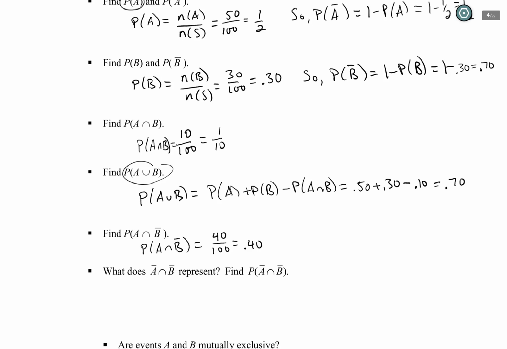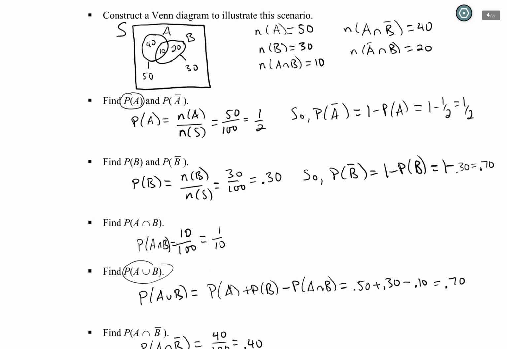Okay, next question. What does A complement intersect B complement represent? So let's think about our Venn diagram. So A complement is everything outside of A. I can draw a picture for that.